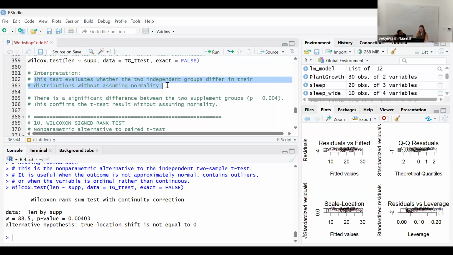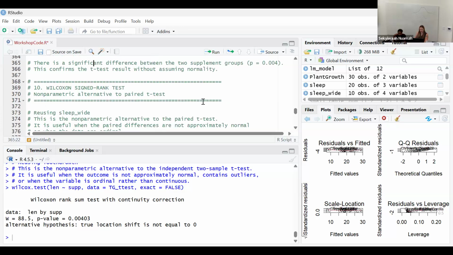So it's the same result we got earlier, except now we don't have to worry about having normality. Looking at our low p-value again, there is a significant difference between the two supplement groups. This confirms the t-test result without assuming normality.